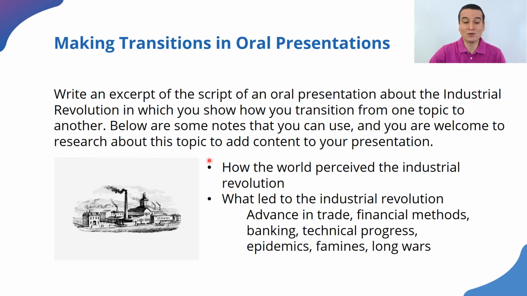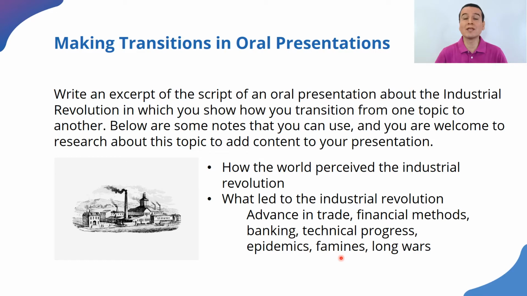All right? So the two main topics are how the world perceived the Industrial Revolution, and the next topic is what led to the Industrial Revolution. And there are some details that you can use there: advancing trade, financial methods, banking, technical progress, and epidemics, famines, long wars.